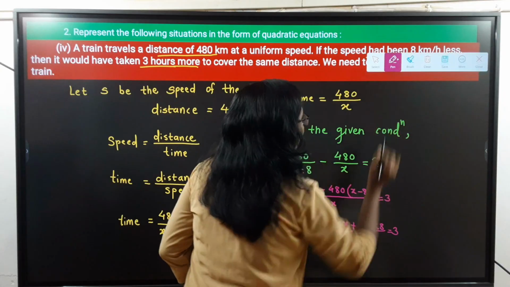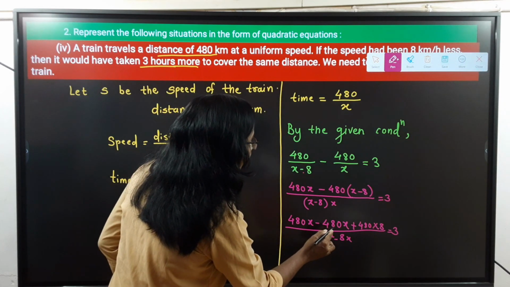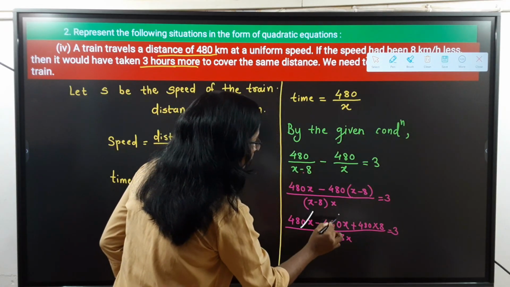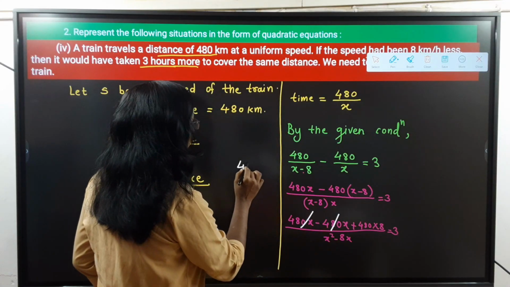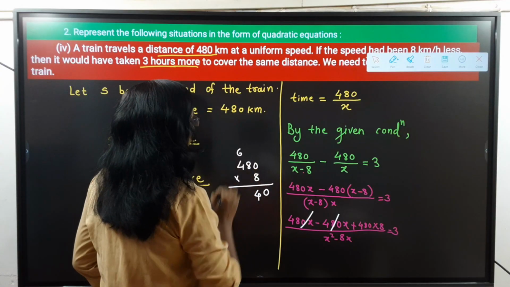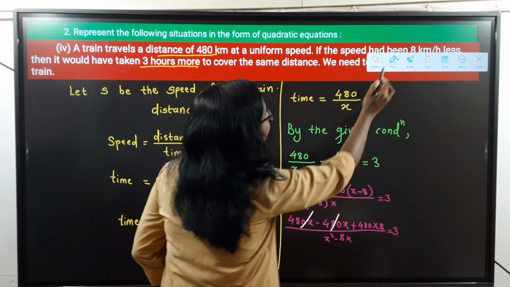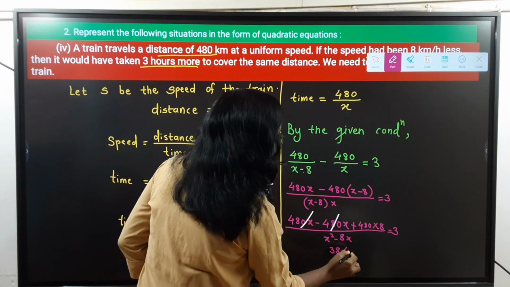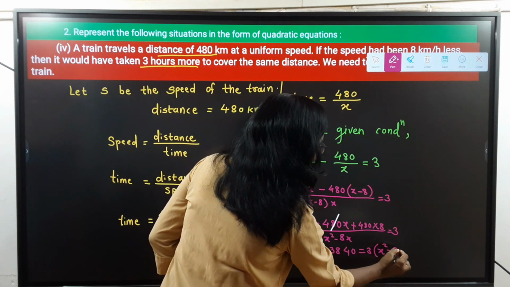Further we simplify: 480x minus 480x cancels out. Then 480 multiplied by 8 is 3840, so 3840 is equal to 3 multiplied by x square minus 8x.